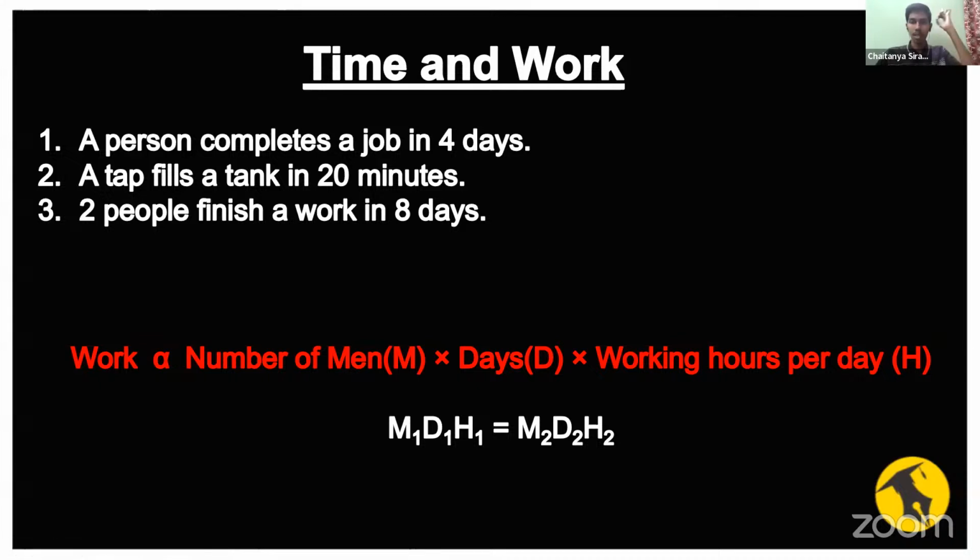This is a few examples of how they can ask you a time and work question. Let's say the first case which I have given here. A person completes a job in 4 days. Now, what does this imply? It takes some time to complete some job. Usually, there will be no numeric value attached to the work.